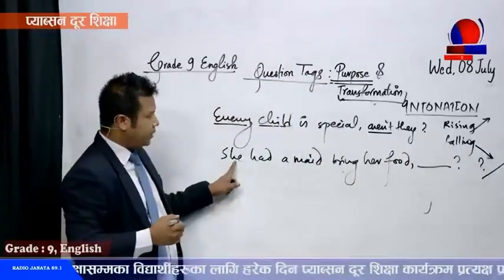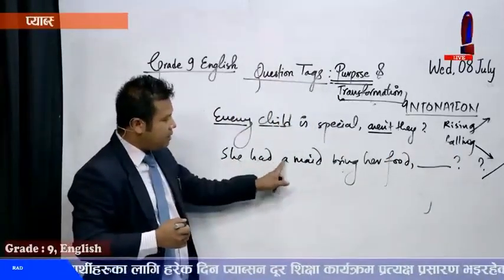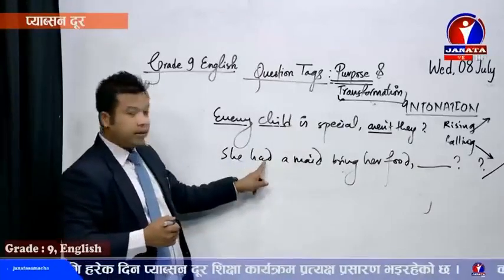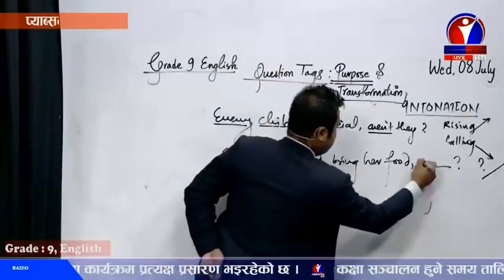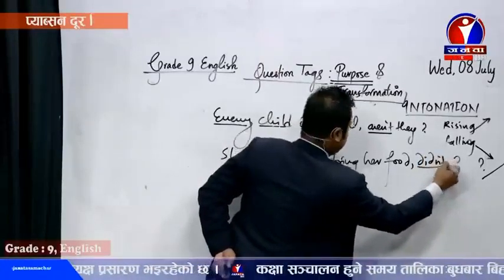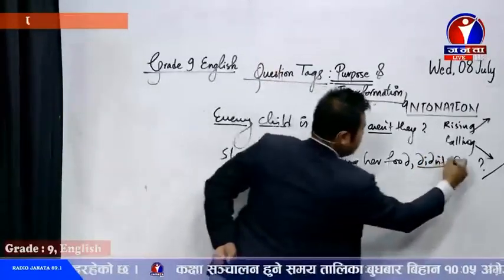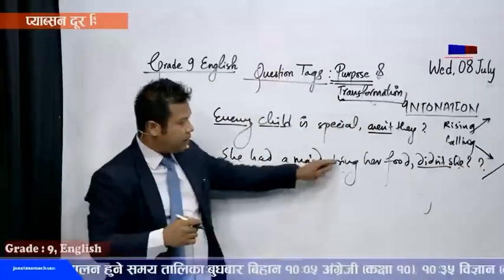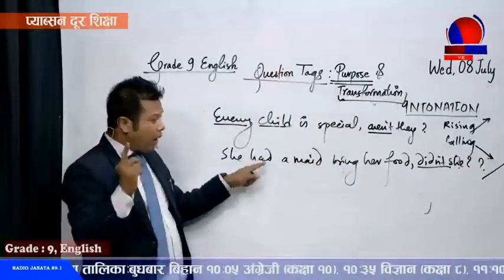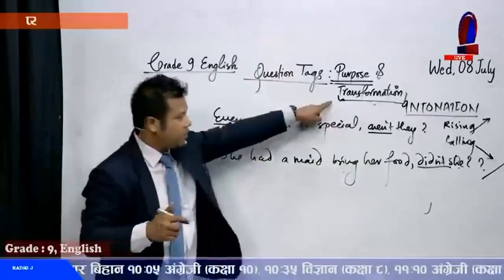Let's study this example. She had a maid bring her food. The tense here is had, and this had will demand you to use didn't. And the subject is she, didn't she. See here, she had a maid bring her food, didn't she? Why didn't she? The transformation skill.